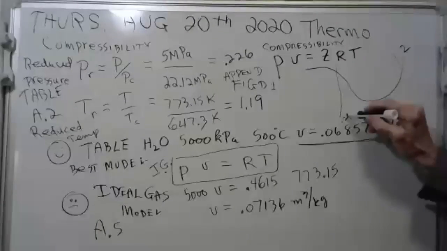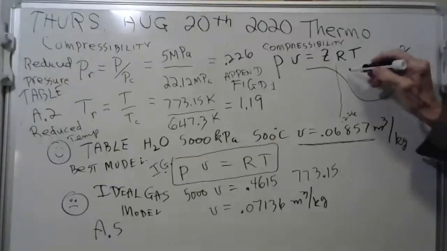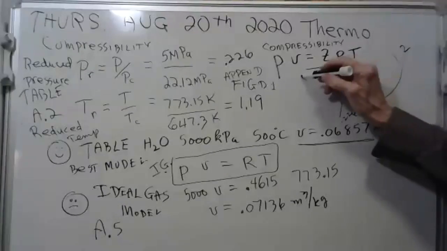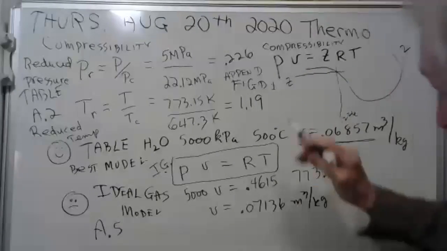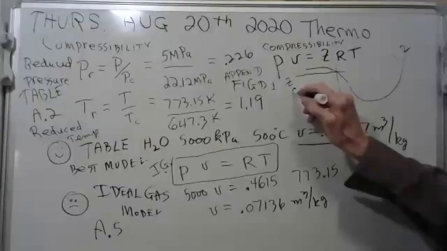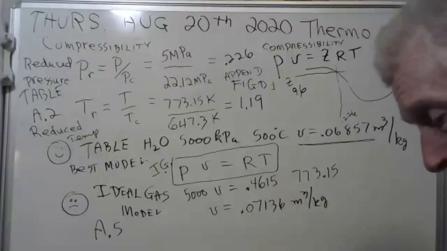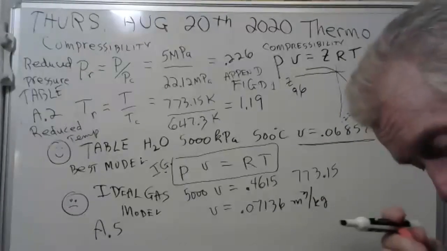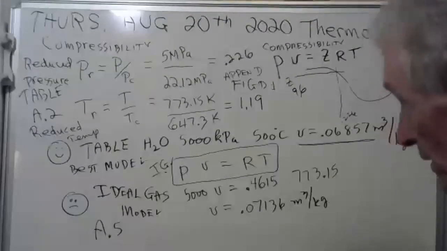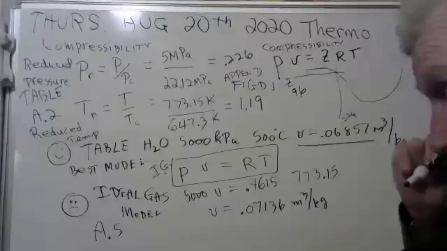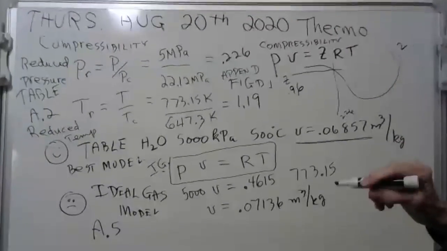This is 0.226. This is 1.2. You go over here, and the Z is 0.96. That probably didn't make a lick of sense to anybody. Read the book, and let's plug it in, and I'll show you that this works pretty well.